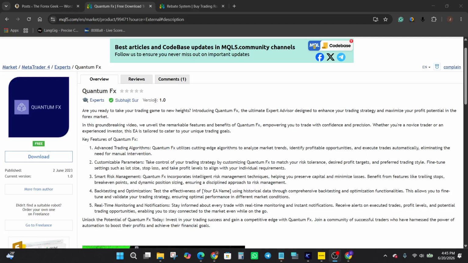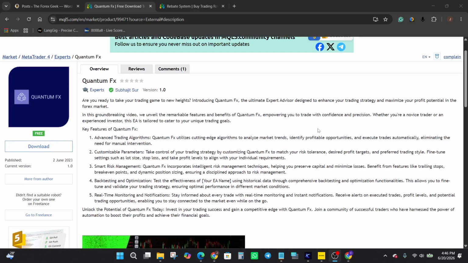According to the marketplace description, this EA is designed to automate trading decisions and help traders execute their strategies with less manual intervention. Since this is an MT4 expert advisor, everything discussed here is specifically related to the MetaTrader 4 platform.